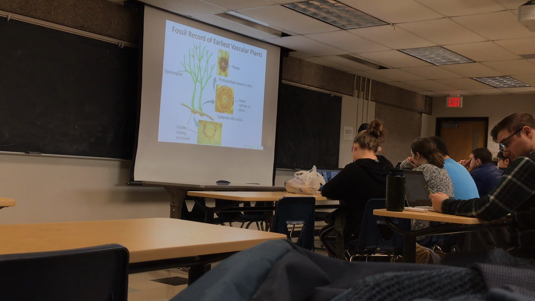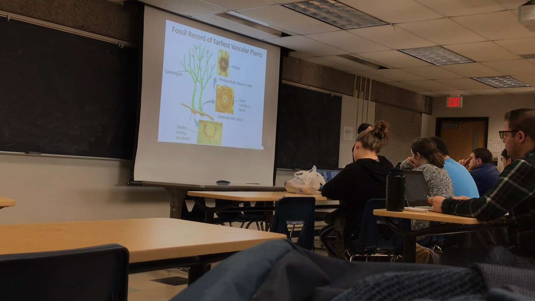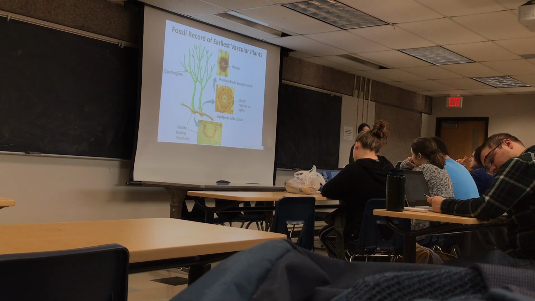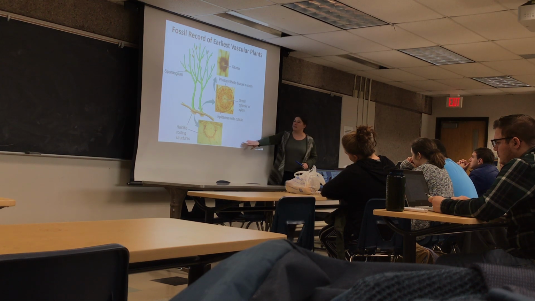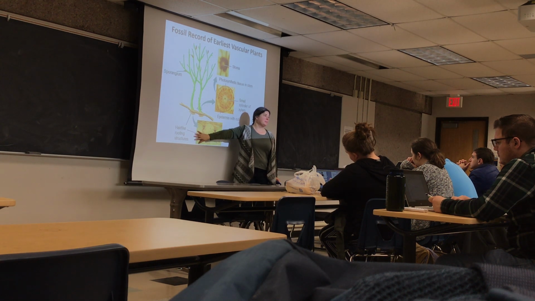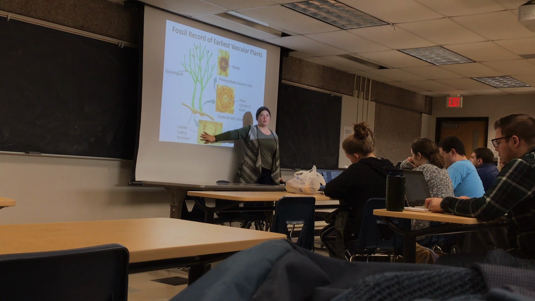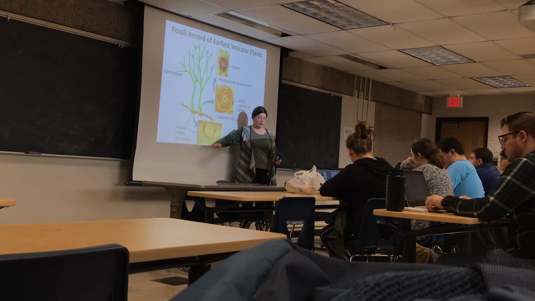So a true root has vascular tissue in it. A true leaf has vascular tissue in it. Something that is root-like but does not have vascular tissue can be called a rhizoid, or in this case, a hair-like rooting structure. But these are not true roots because they did not have vascular tissue in them.